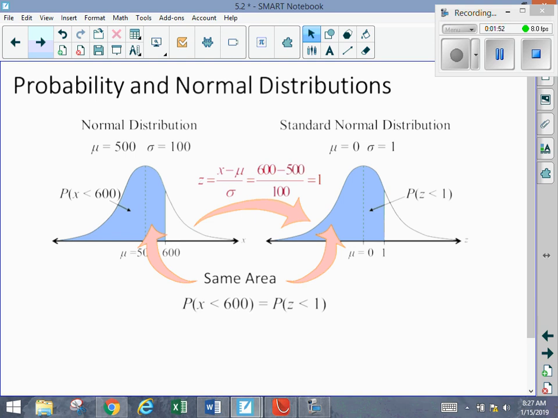If you calculate that, you get 1. It turns out that your normal distribution and your standard normal distribution have the same area. So we're going to tie that all together.